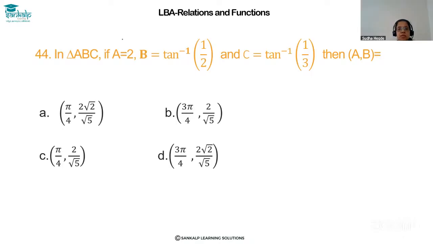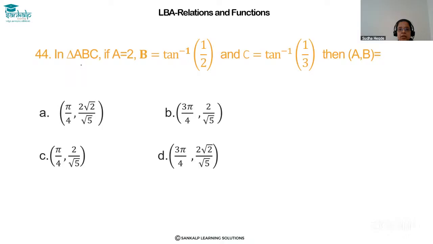Hi students, the question is, in triangle ABC, if A is equal to 2, B is equal to tan inverse 1 by 2 and C is equal to tan inverse 1 by 3, you need to find the ordered pair A, comma B. So option A, ordered pair pi by 4, comma 2 root 2 by 5.